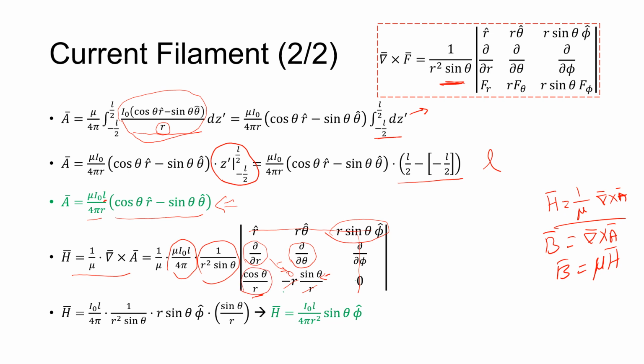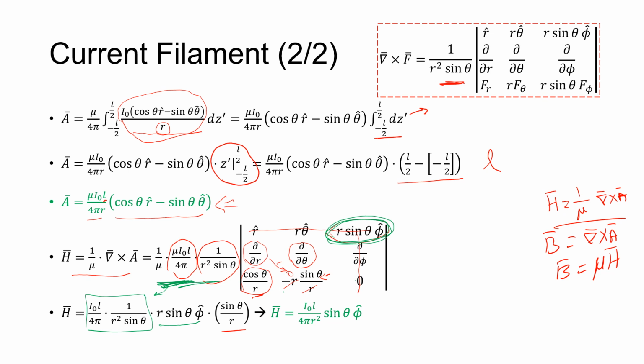This is a function of theta, so we can differentiate and it will reduce to sine theta over r. Here we need to note that we don't miss our original value, which is r sine theta in the direction of phi, and the rest are just constants.